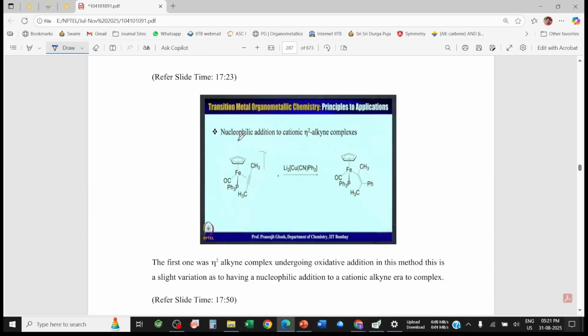Here is a question: the nucleophilic addition to the cationic eta 2 alkyne complexes. So here I already discussed that this triple bond or double bond system, that is the alkene or alkyne, is generally an electron rich species.